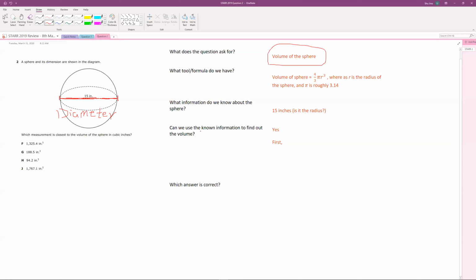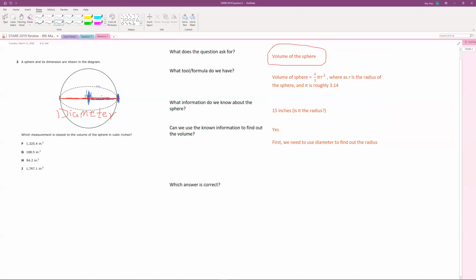But based on what we have known, can we find out the volume? Yes, we can. So the first thing we need to do is use the diameter to find out the radius. Radius, by definition, is from the center to one point on the side of the sphere.